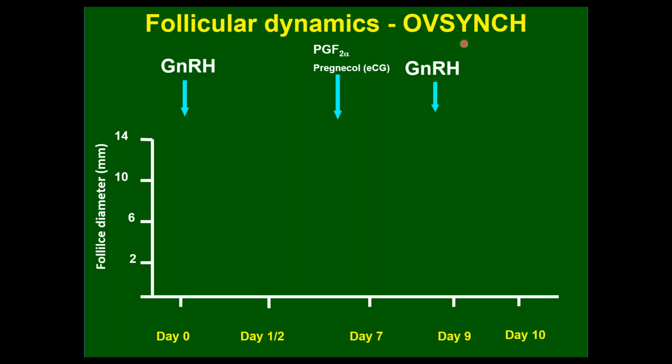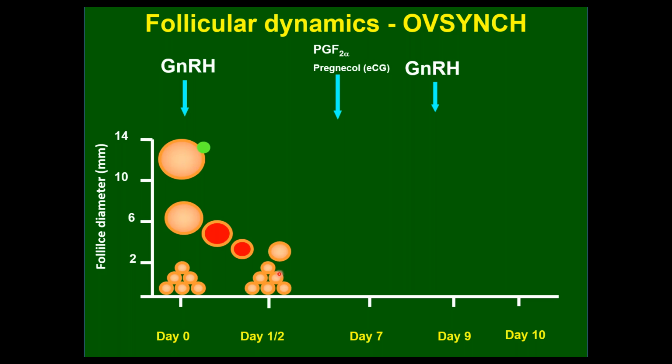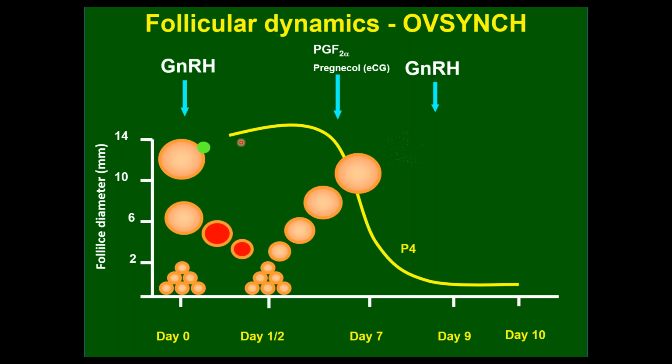So stepping you through the OvSync program, probably the most common GnRH-based protocol for ovulation synchronization. So assuming on day 0 you administer a GnRH injection and there is a dominant follicle present, you will then cause ovulation. Now, through causing ovulation, this will start a new follicular wave and, of course, produce a corpus luteum.